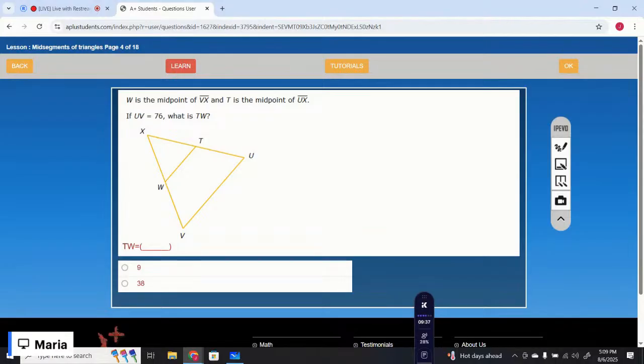Okay, if W is the midpoint of VX and T is the midpoint of UX, if UV equals 76, what is TW? So which is the correct option?